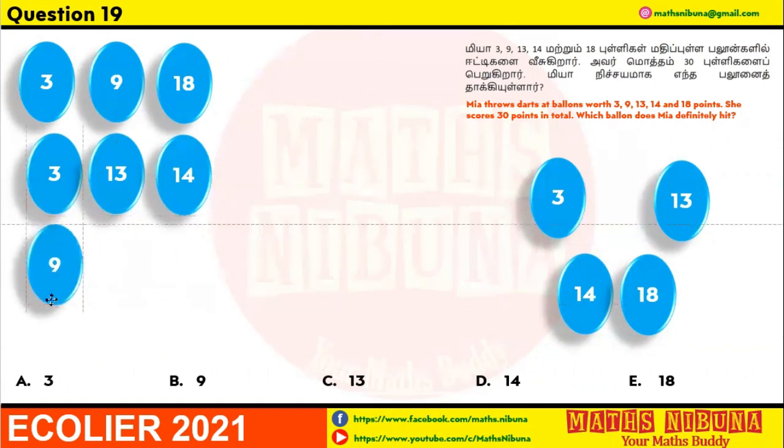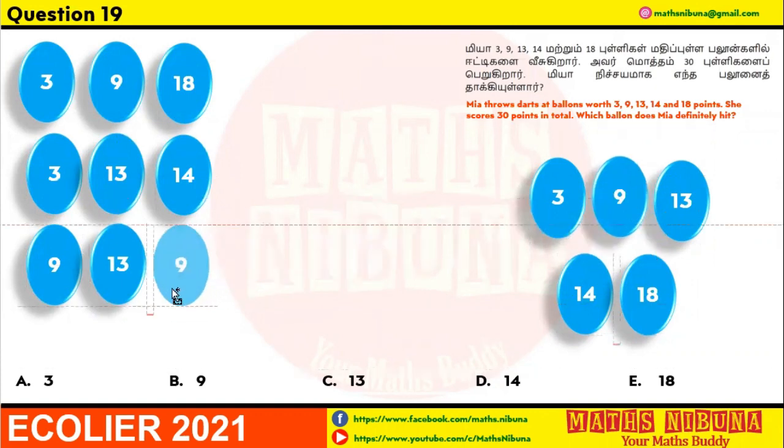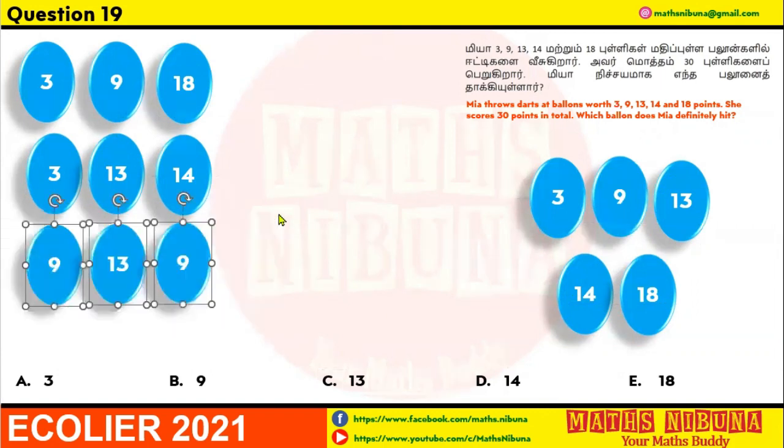Let's say I put 9 here, and then I try to take the second balloon, 13. 13 plus 9 is 21. So if I want to get 30, I have to bring another 9. But that is not possible because balloon number 9 is only there once.